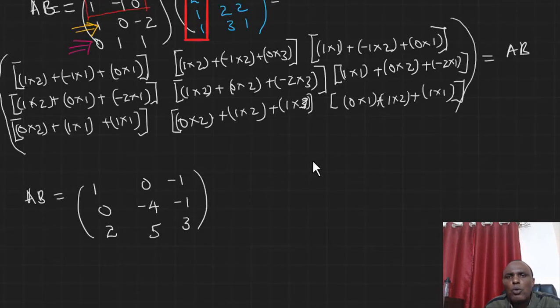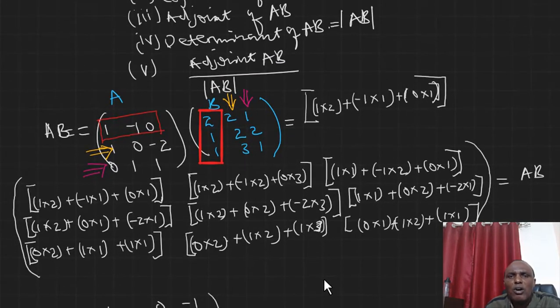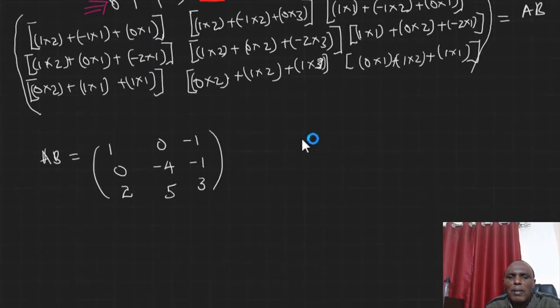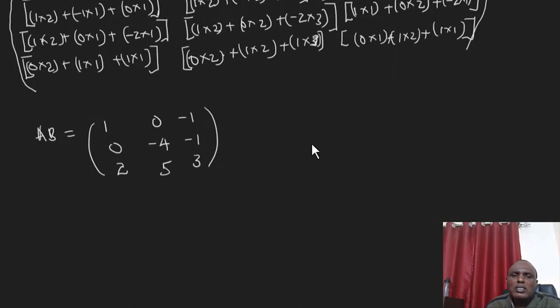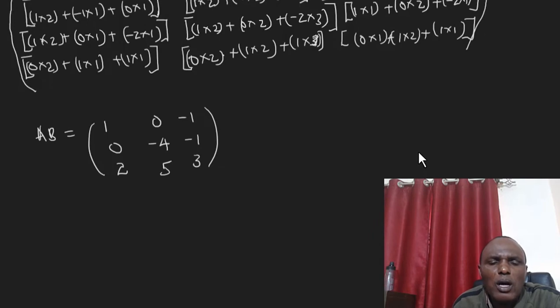Now we have the product AB. We say that the second activity is to get the cofactors of this matrix AB. How do we get cofactors of a matrix? To get the cofactors here, for example, I want us to start getting the cofactor of element 1 in the first row, first column. How do you do it? You remove all the elements touching the column with 1 and the row that is having 1.